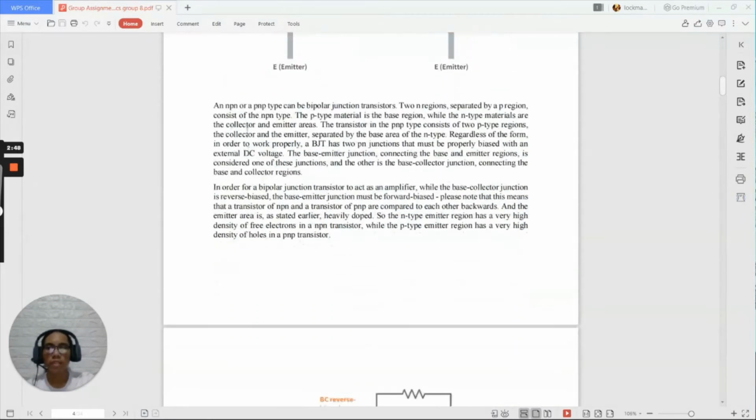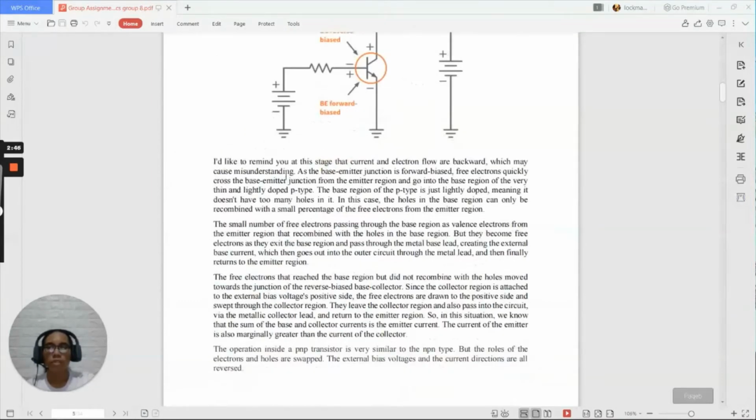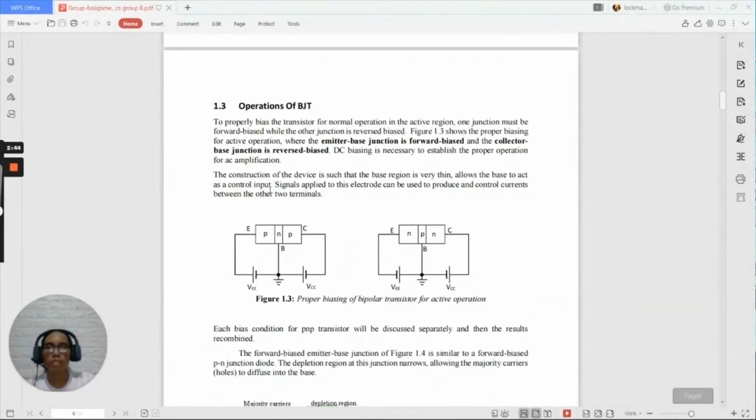Now we move on to the operation of BJT. To properly bias the transistor for operation in the active region, one junction must be forward biased while the other junction is reverse biased. Figure 1.3 shows the proper biasing for the active operation, where the emitter-base junction is forward biased and the collector-base junction is reverse biased.